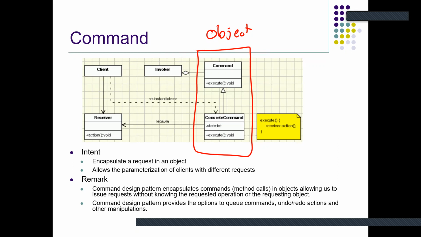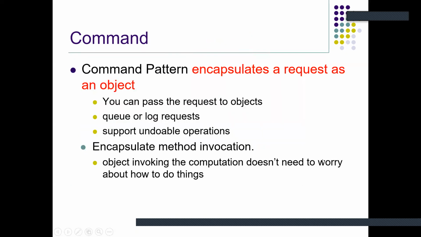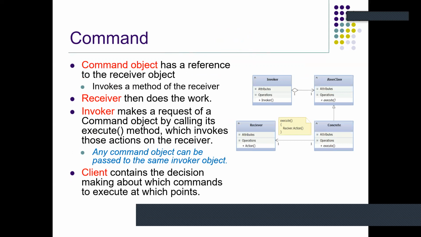So you have this whole concept of an encapsulated request that we can move around and copy. Here we have the base class execute, the concrete class will actually implement the execute, and it will do some action onto a receiver class. That's it. It's just that simple.